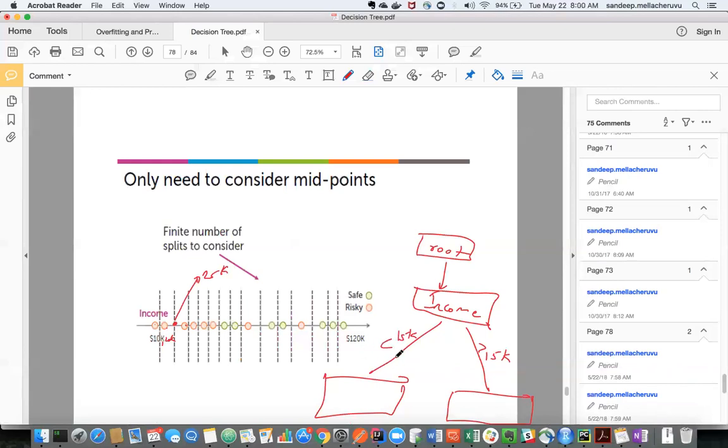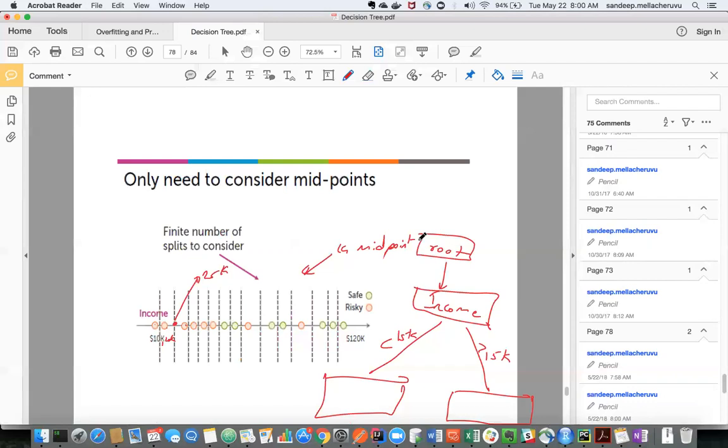For each of these midpoints you try out, you get, let's say, 1, 2, 3, up to 14 midpoints. You get 14 different classification errors, but there is one midpoint which is doing best. That midpoint is what you have to find out.